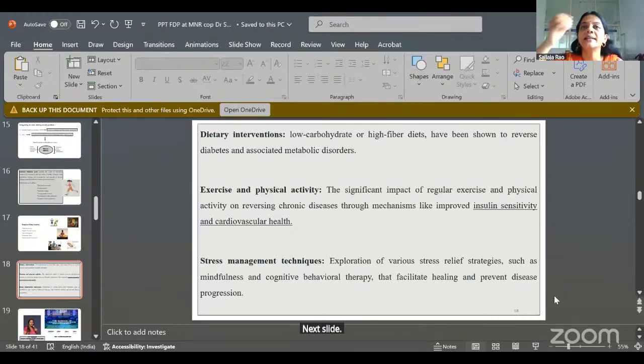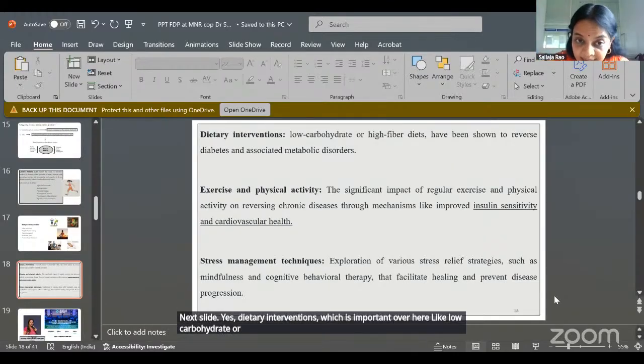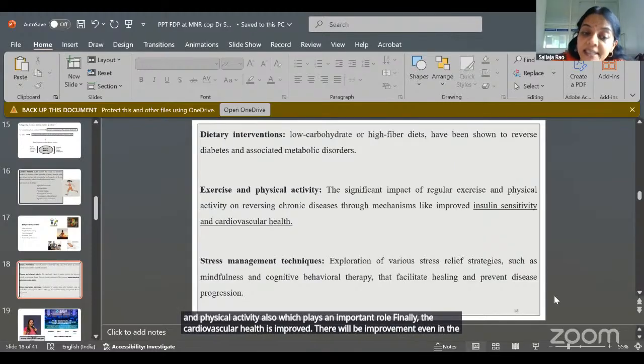Yes, dietary interventions are important here, like low carbohydrate or high fiber diets. Exercise and physical activity also play an important role. Finally, cardiovascular health is improved. There will be improvement even in insulin sensitivity.